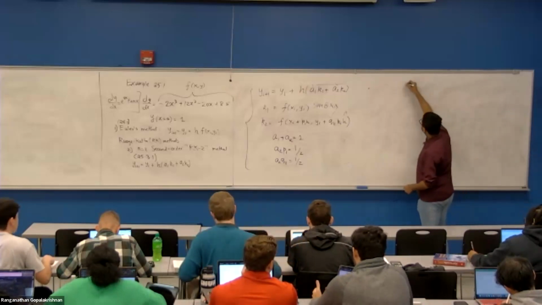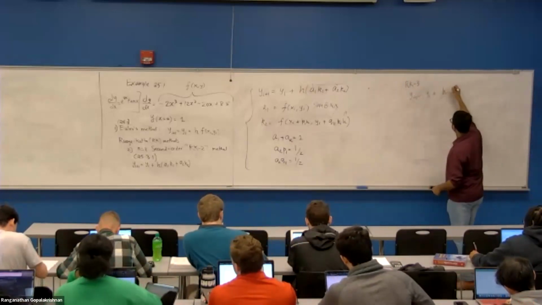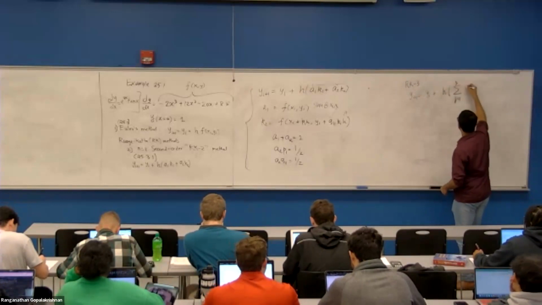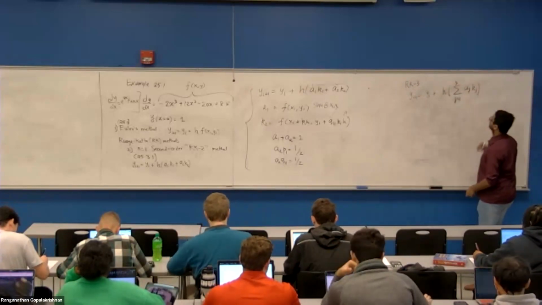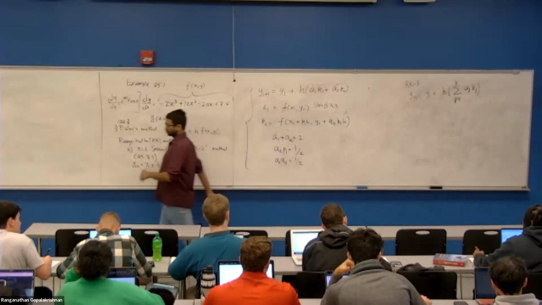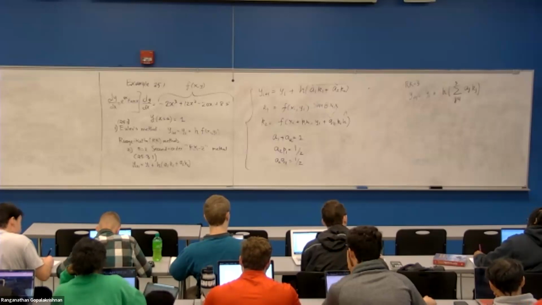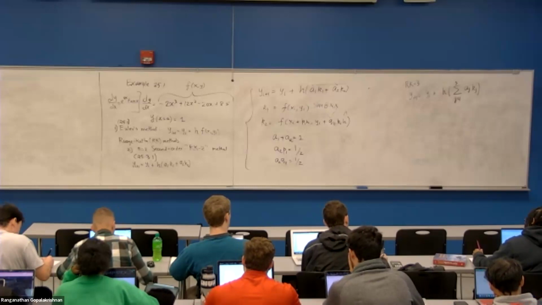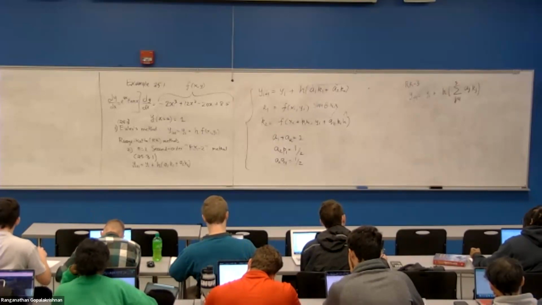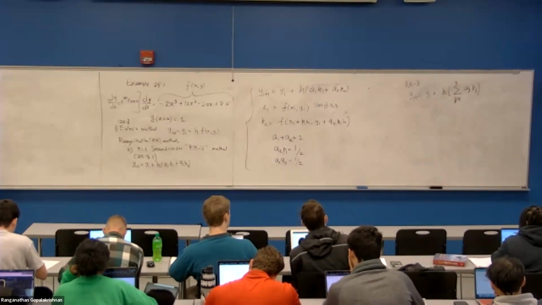So you can write RK3: y_{i+1} is y_i plus h times the sum, j equal to 1 to 3, of a_j k_j.